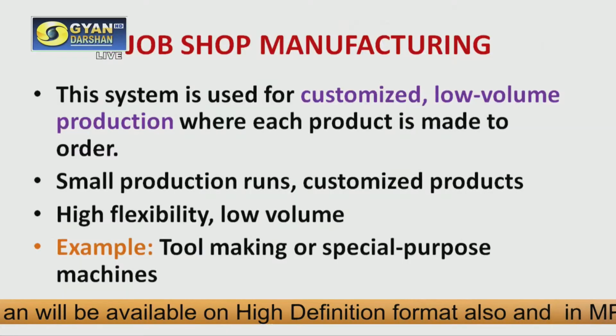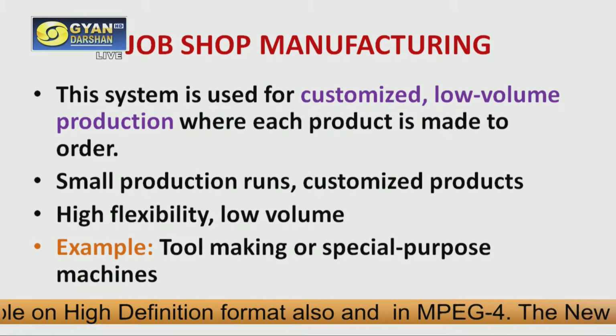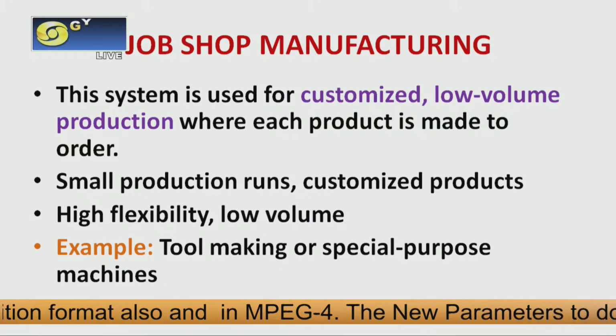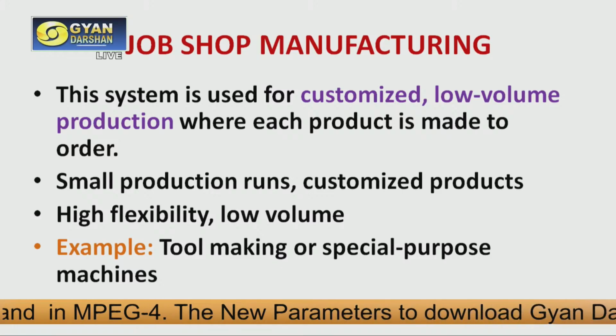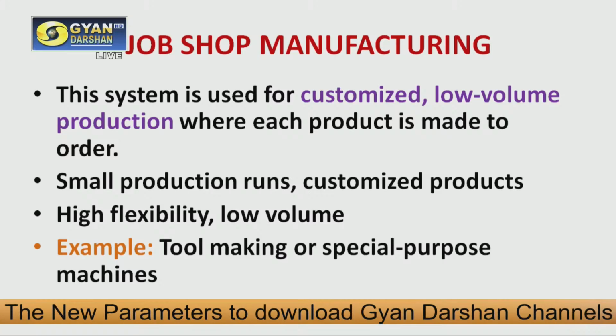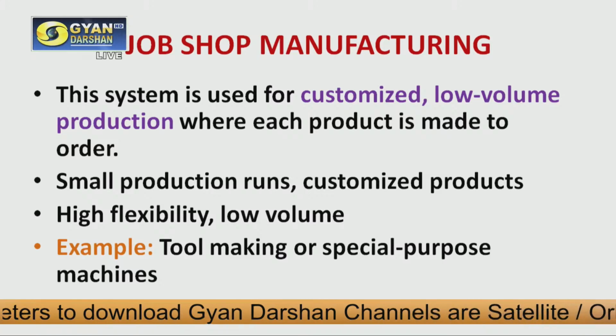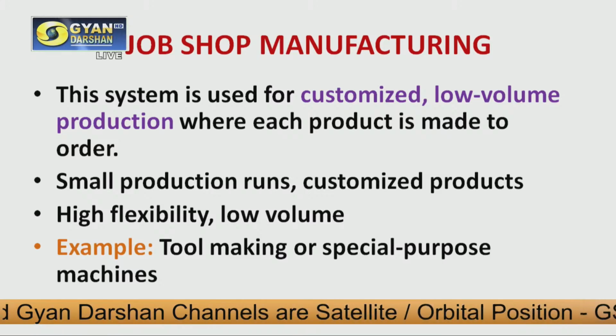Examples are a tool making company or a special purpose machine, just like a machine for packaging of milk packets. Similarly, we can make another machine for making briquettes, where we have wood powder, and from that powder we simply press it and it converts into briquettes, which have a very high calorific value.